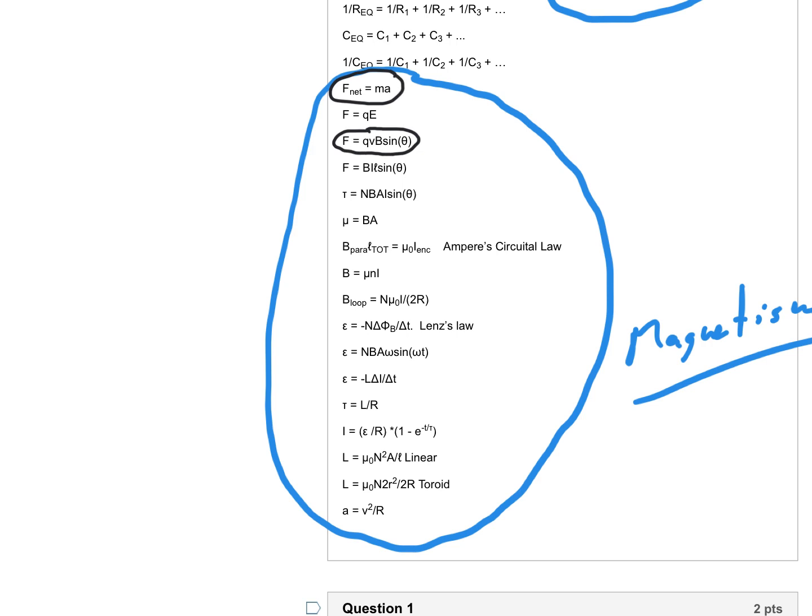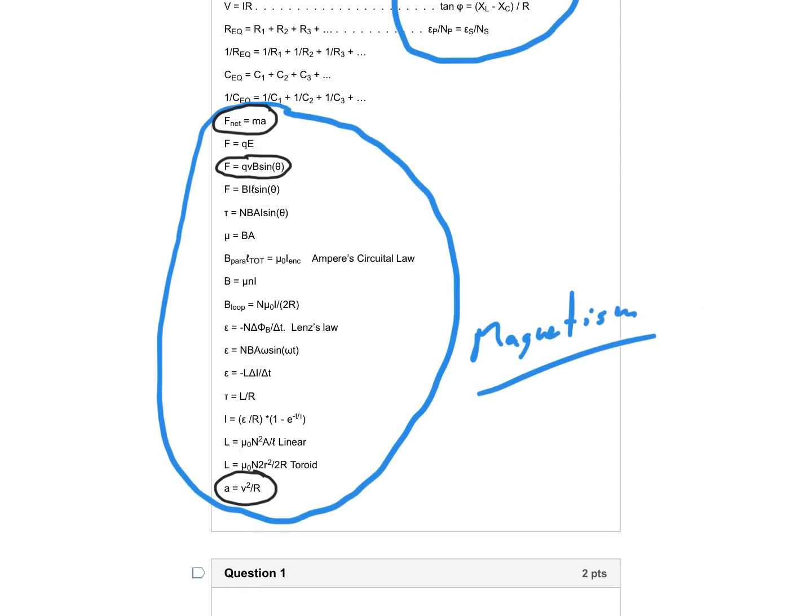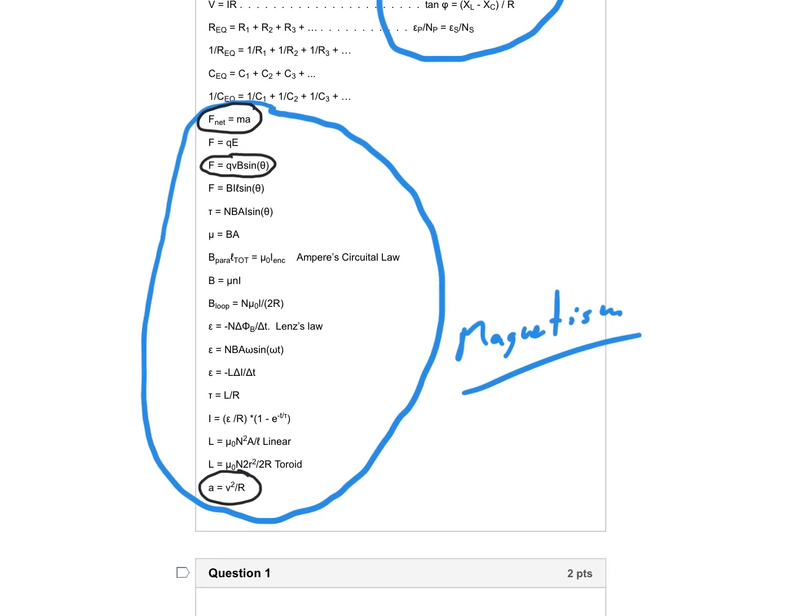And since it's circular motion, we have a centripetal acceleration to consider. Combining those three, I plug the force into the net force side and the acceleration into the ma side. So I get qvB sine theta is equal to mv squared over r.